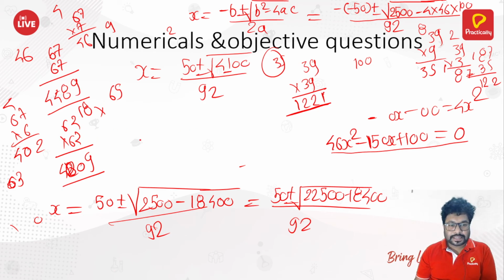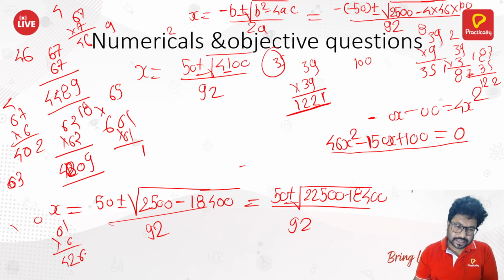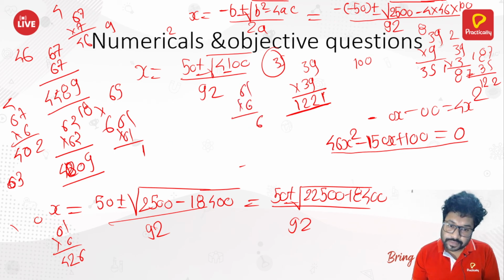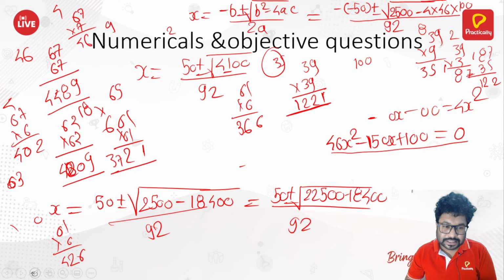So it must be smaller than 63. 61 is quite small. 61 into 6, 6 sixes are 36, 366 plus 6, 372. So let's suppose it is somewhere between 63 and 62.